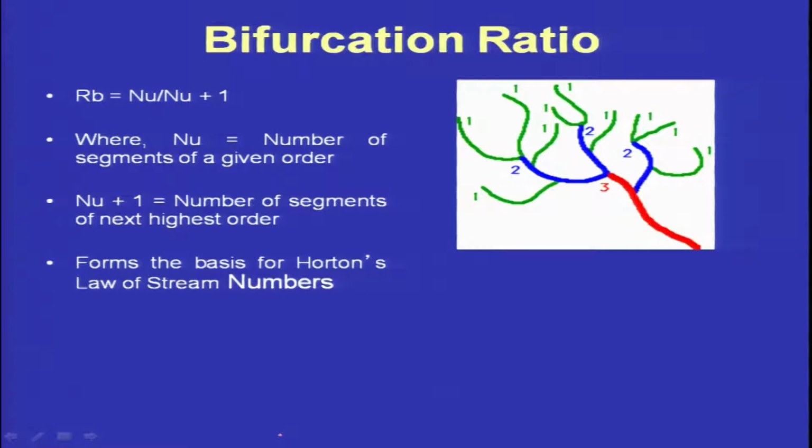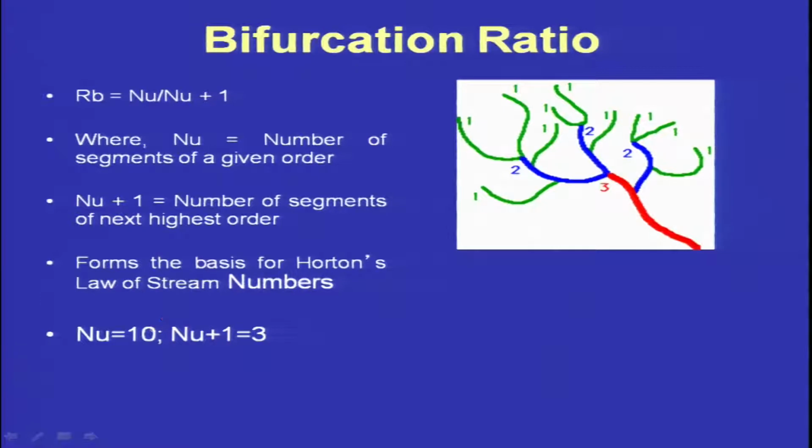This is on the basis of Horton's law of stream numbering. Suppose Nu is 10, then Nu plus 1 is 3 here. For example, this one is a second order stream and this one is a first order stream. So, you have 1, 2, 3, 4, 5, 6, 7, 8, 9, 10.